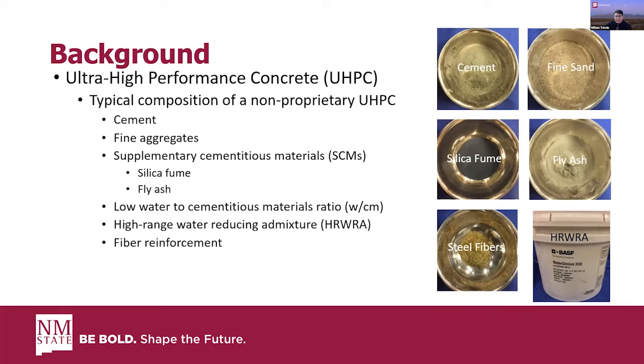And to use that low of a water to cementitious materials ratio, we need to implement high range water reducing admixtures or superplasticizers. In this case, we use BASF's MasterGlenium 3030. And of course, to have UHPC, we need our high strength steel fibers. In this case, we have our steel fibers, which are 13 millimeters long and have a length to diameter ratio of 65.